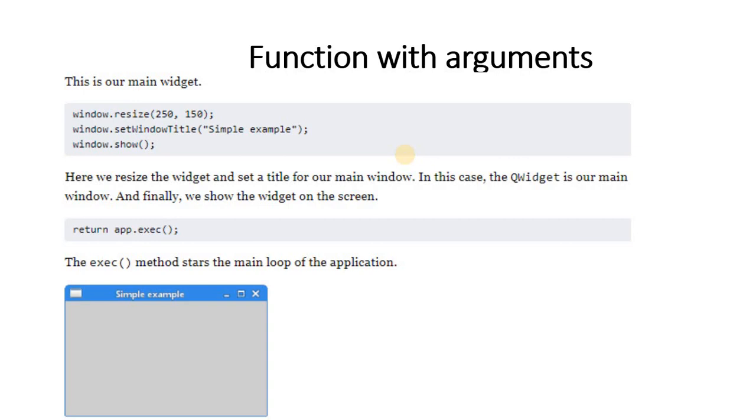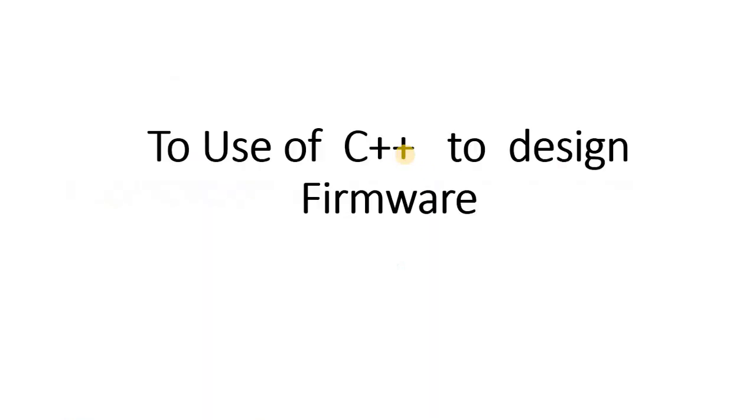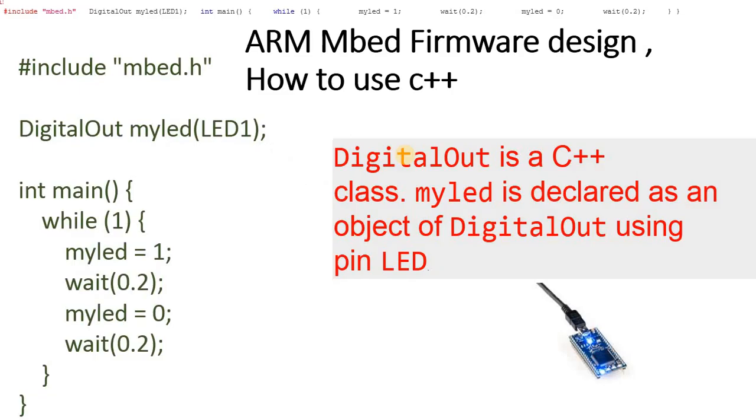Now the next screen will tell you how you can use C++ to design firmware. People working with hardware, firmware and software, how to design firmware. Suppose you make an LED go on and off every few seconds.